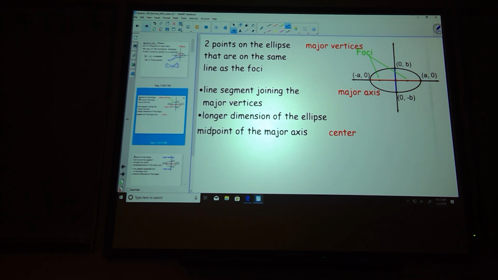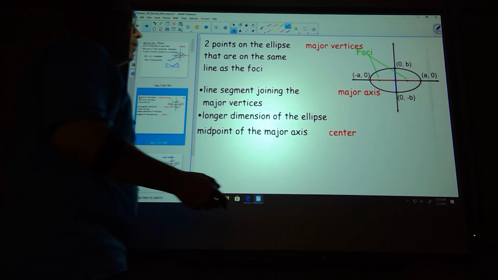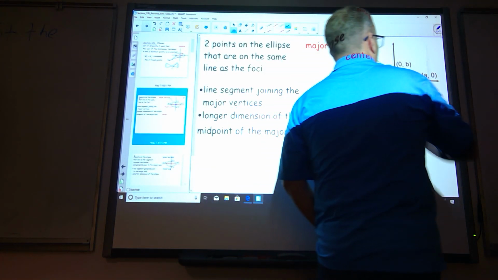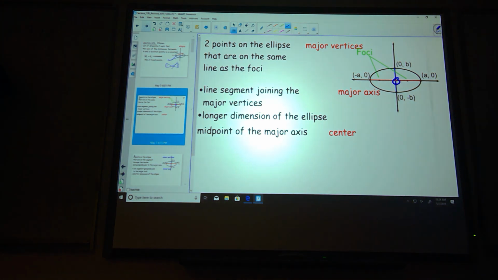So two points on the ellipse, the same as the foci, line segment joining the vertices. Okay. So does everyone feel good that this is stretched out this way or stretched out this way? In real advanced math classes, it gets stretched out diagonally, but we aren't going to do that. You do have a center, just like on a circle.